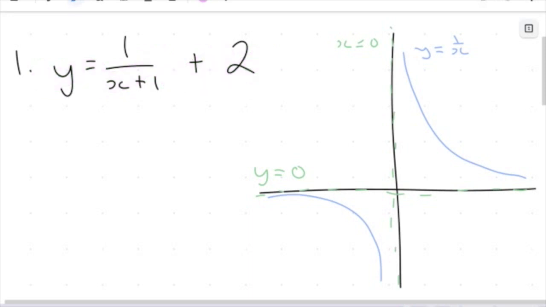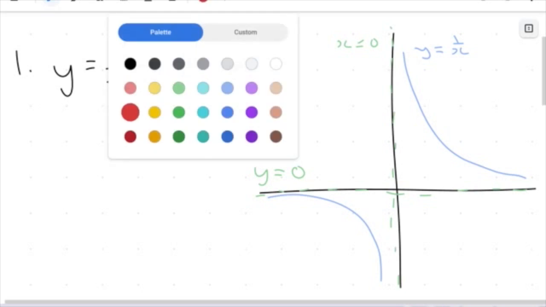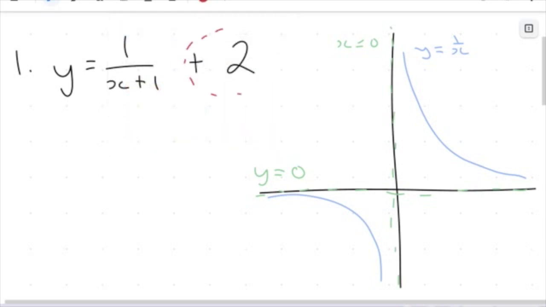So first of all, we have this 2 getting added here. And we remember from the previous videos, anytime we are adding a constant at the end, this is impacting the y, and this is going to be a vertical translation.